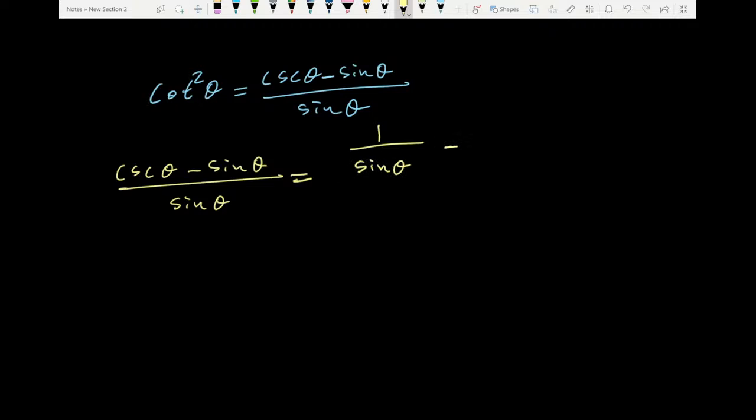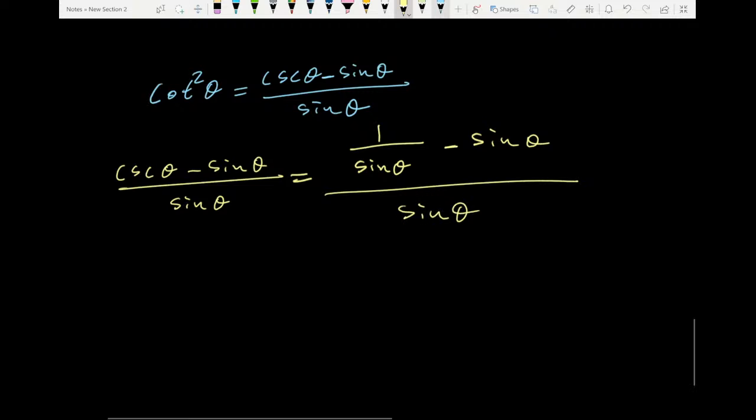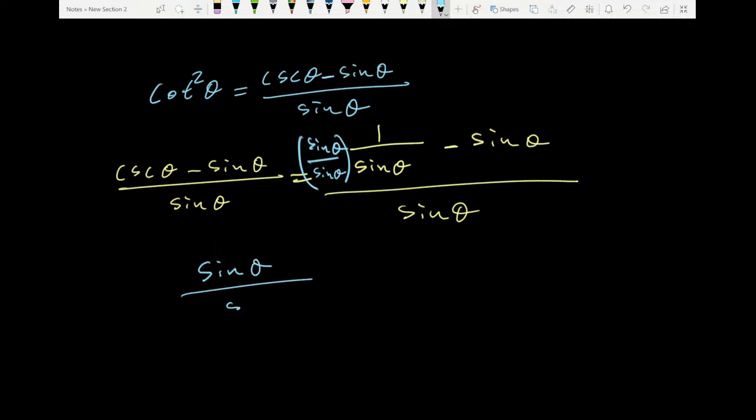Well, this has little information on this side, so let's pick this one. Cosecant of theta minus sine of theta over sine of theta. Well, let's multiply to get the common denominator. I get sine of theta over, oh no, sorry, I made a mistake.